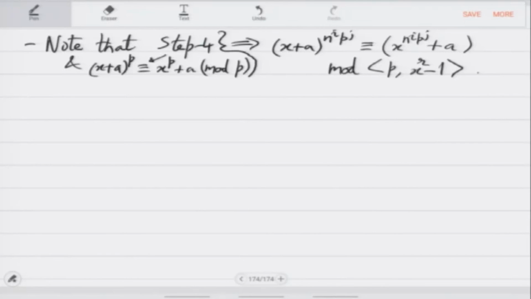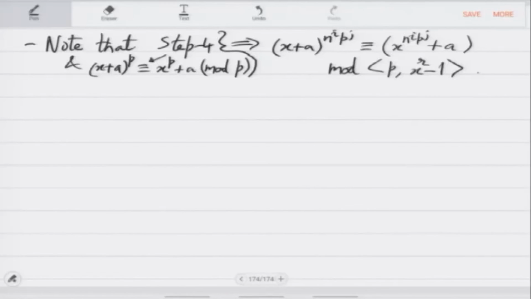Moreover, since we have this identity (x+a)^p equal to x^p + a mod p, you can now apply both. You can apply n in the exponent, you can apply p in the exponent, and you can keep deducing all these congruences for all i, j. Okay, this motivates the definition of I. These are numbers of interest.